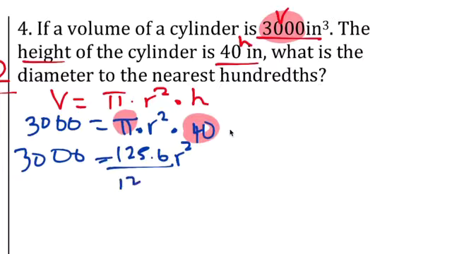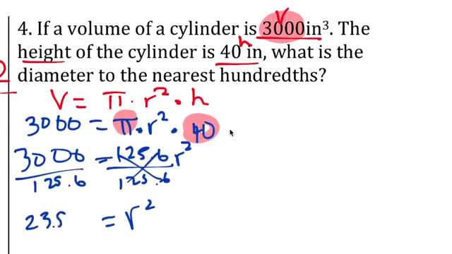Divide to get radius squared, preparing to take the square root. So 3,000 divided by 125.6. We get radius squared is 23.88535. Take the square root.